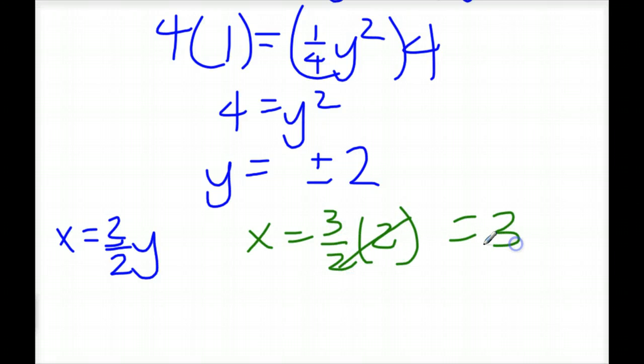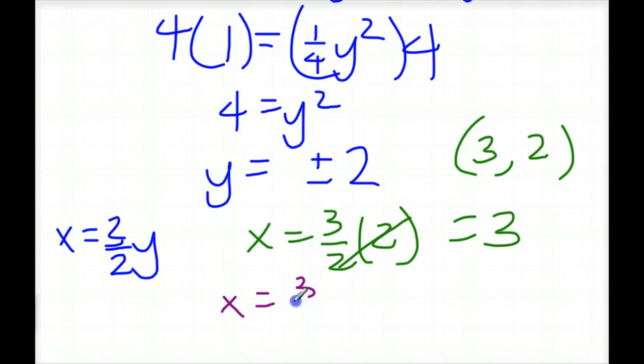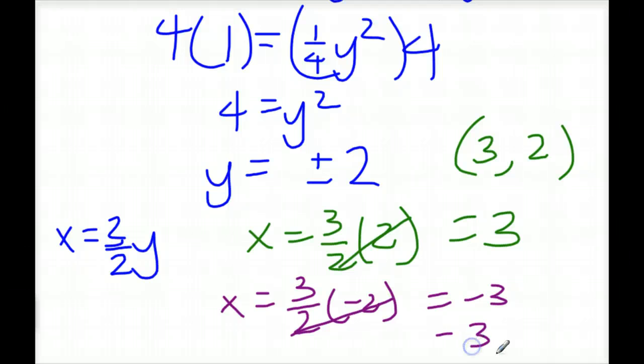That gives me 3. So I would get 3 comma positive 2. That's 1 point. Next point, I plug in a negative 2. So these cross out, but now I get a negative 3. So my second point has to be negative 3 comma negative 2. These are the 2 points where we get the derivative of 4 over 7.